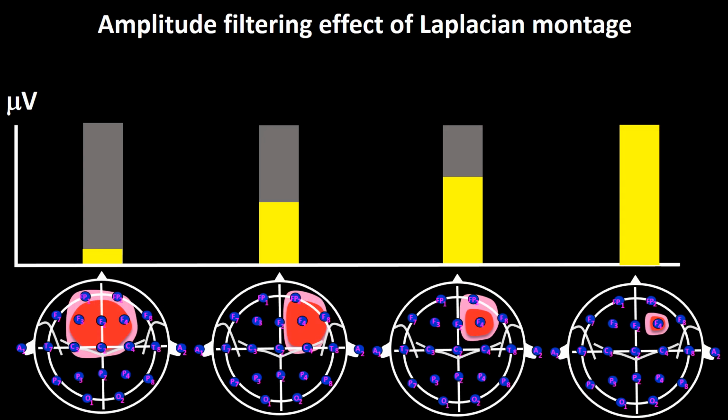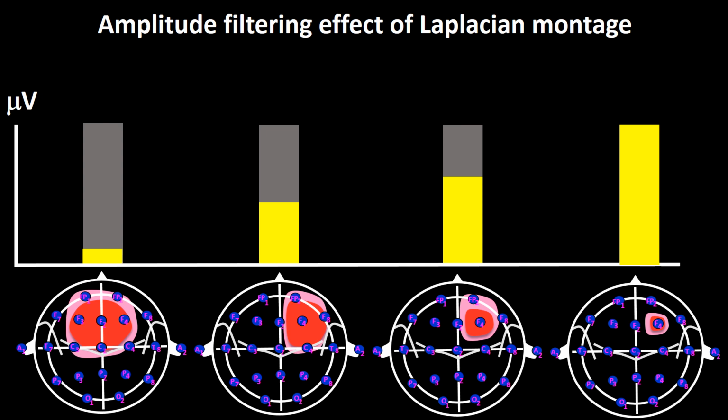This frame shows the spatial filtering effects of Laplacian montage. On the x-axis, I have depicted the size of the fields, and on the y-axis, the amplitude. The yellow bar on your right depicts the effect of Laplacian on the amplitude of a potential generated by a narrow field. The yellow bar on your left depicts the effect of the Laplacian montage on the amplitude of a widely spread field.